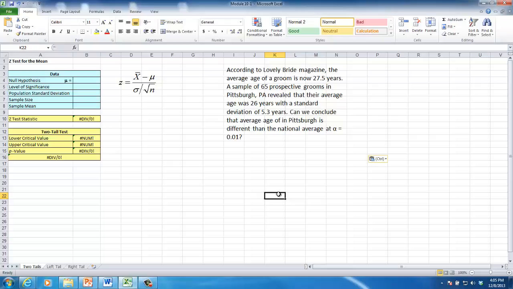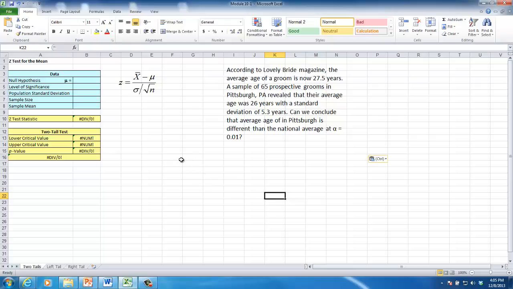The magazine says the average groom age is 27.5 years for the whole nation, but specifically in the Pittsburgh area, the number goes down to 26 years, according to a sample of 65. Now, the question here is: is there enough evidence to say there is a difference between specifically Pittsburgh and the national average?